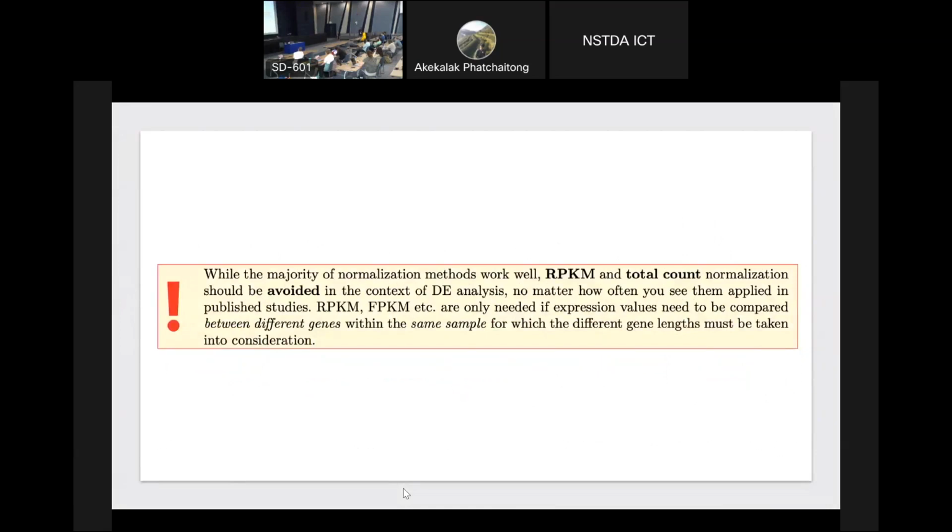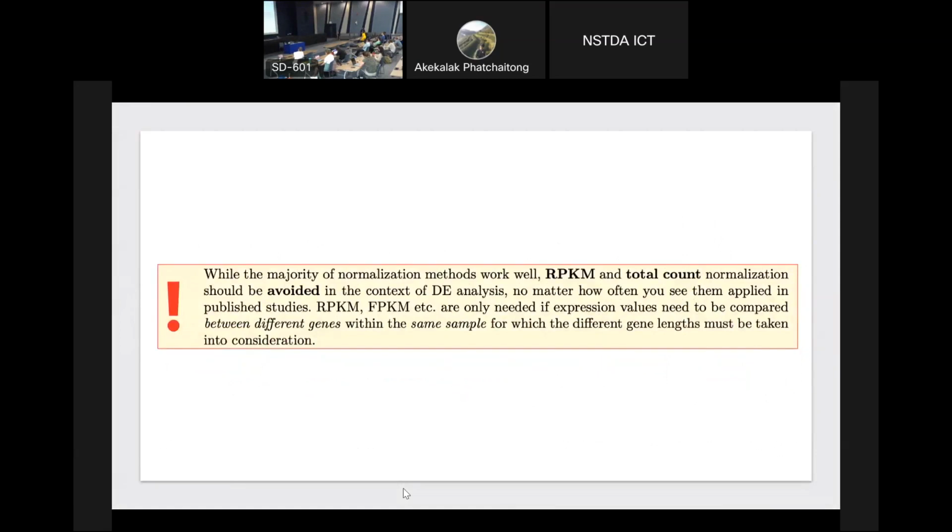Here's a note: while the majority of normalization methods work well, RPKM, reads per kilobase per million, and total count normalization should be avoided. This is important. In the context of DE analysis, or differentially expressed gene analysis, no matter how often you see them applied in published studies.